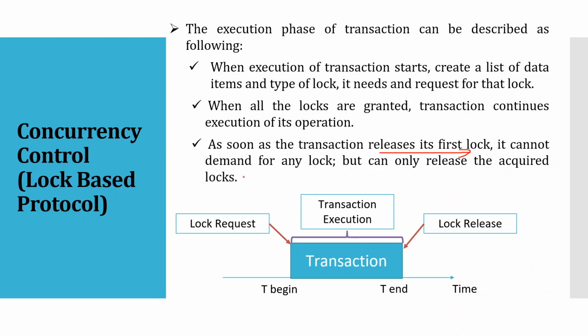Once all the lock requests are granted, you will perform the execution, and once the execution is completed, you will release all the locks. And one more rule is that during the execution, you cannot ask for any other locks. You have to ask for all the types of locks at the beginning of the transaction. So this is the rule of execution.